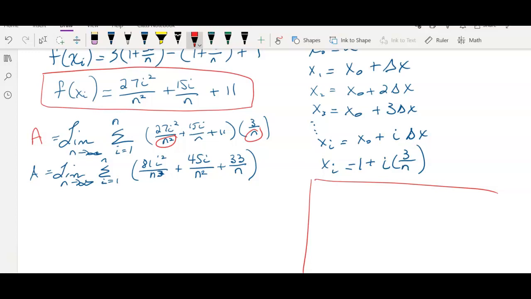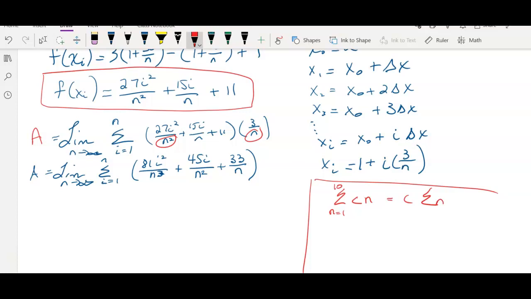If you have the summation of c times n, where c is a constant, you can pull the constant out front. The only thing that needs to stay with the summation is what's being summed, the n. Does that make sense?